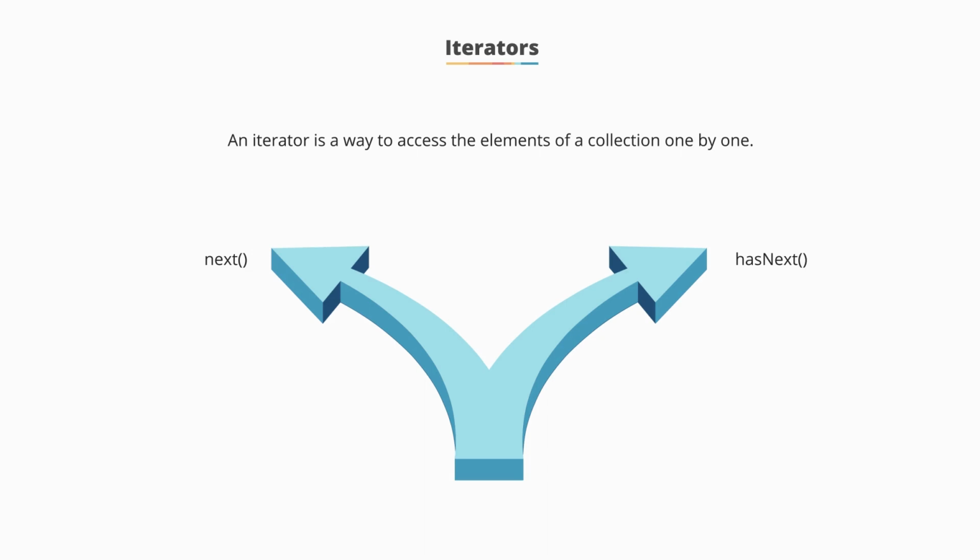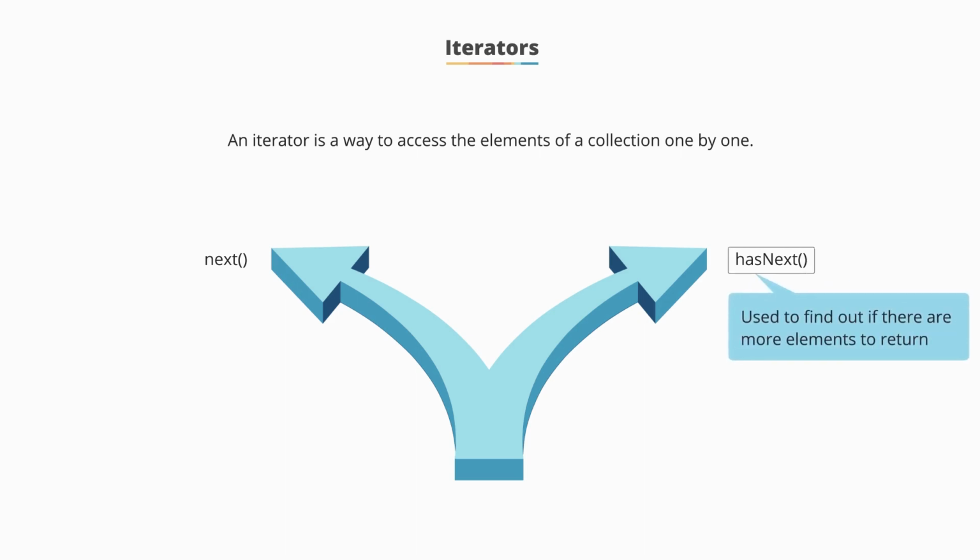Calling next again on the same iterator will then yield the element one beyond the current one that was previously returned. Here we see next and hasNext, which is used to find if there are more elements that we can return.